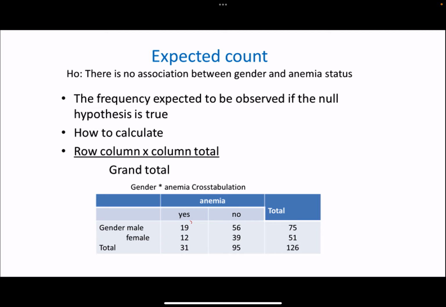So row total refers to this one, 75. Okay, and column total, this is the column total. Okay, so column total is 31, so times by 31 and divide by grand total. So this is the grand total. Okay, so this is the row total.